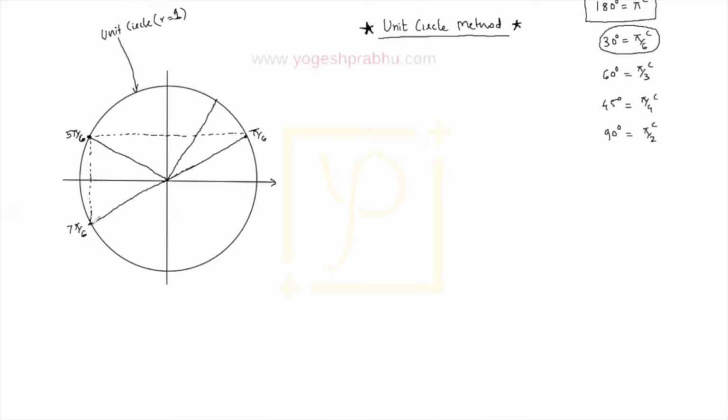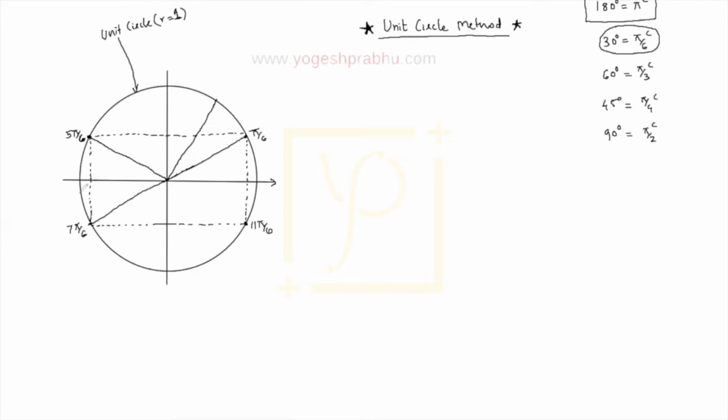Now, if I just keep going like this, what is going to be the next angle? Same drill. So you have 7 pi by 6. Just keep counting. 8, 9. 9 will also get simplified. 10 will also get simplified with 6. Don't take that. So the next number that does not get simplified with the denominator 6 is 11 pi by 6. I hope you understood the trick that we have to find the angle.